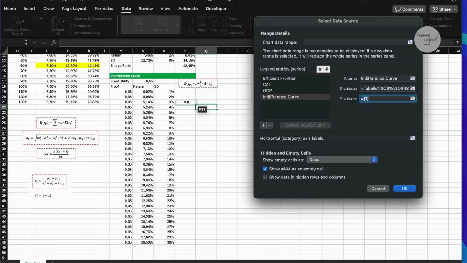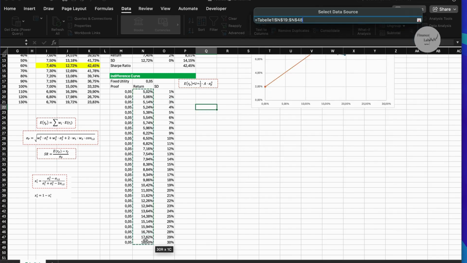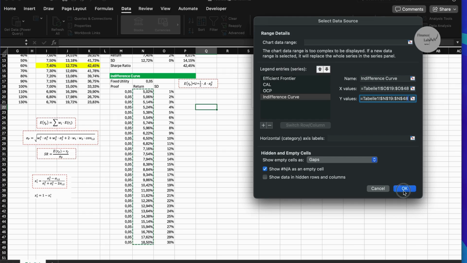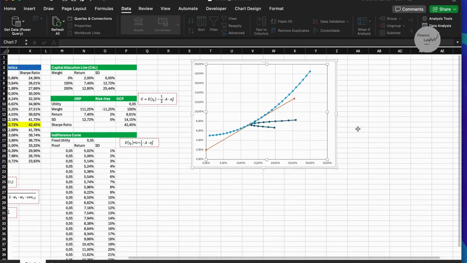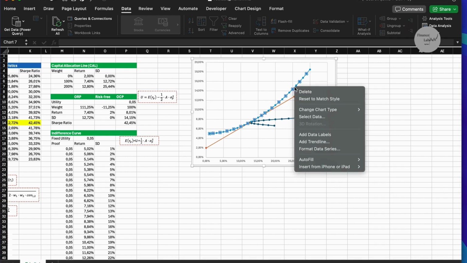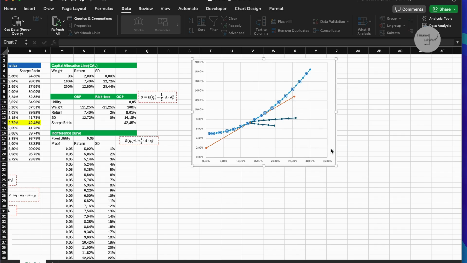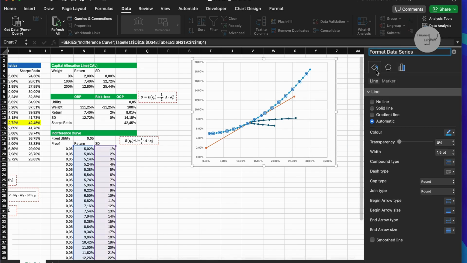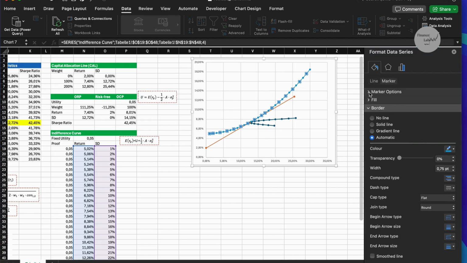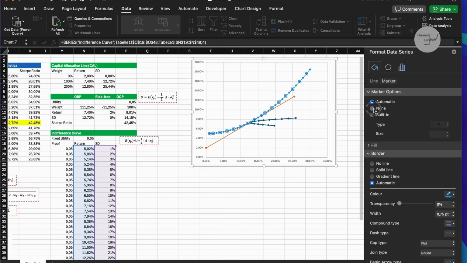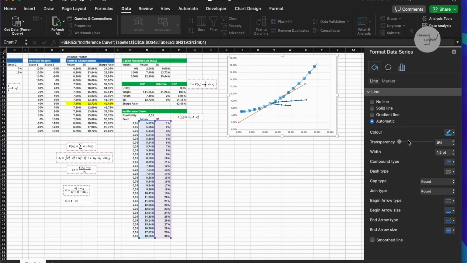Y values will be the expected returns, and we can plot this and maybe format the data series. We don't really need these markers. Can we make this perfect? And now, okay, next try. I want here a dashed line, so let's see.